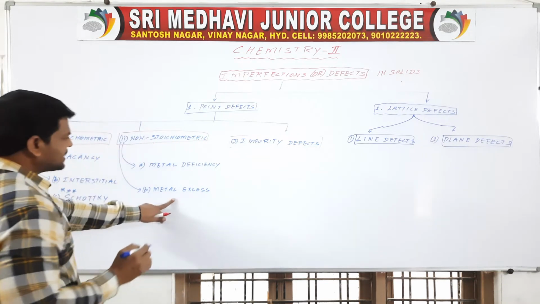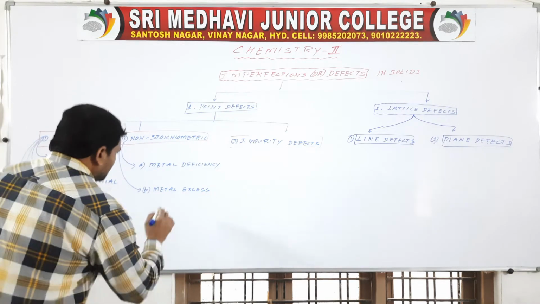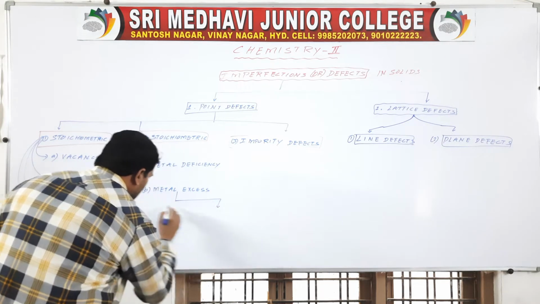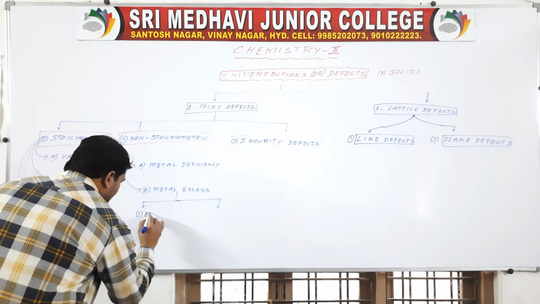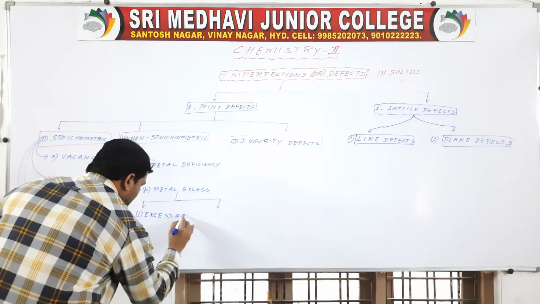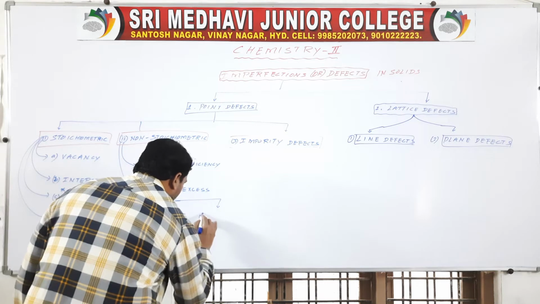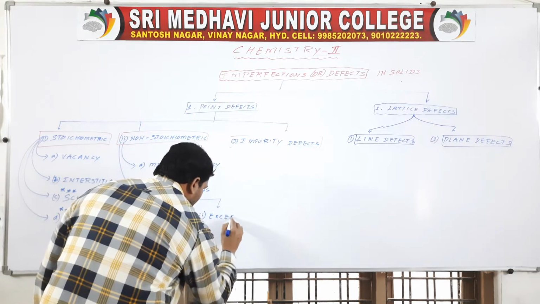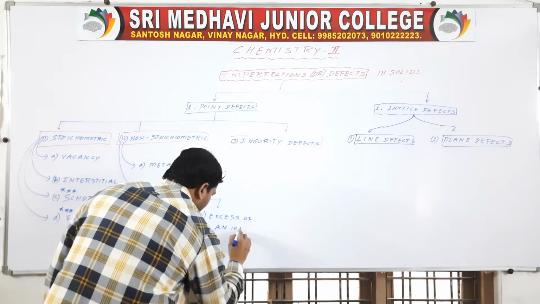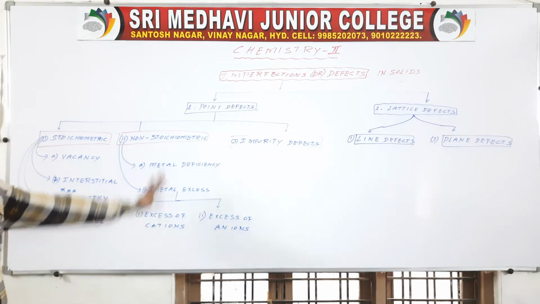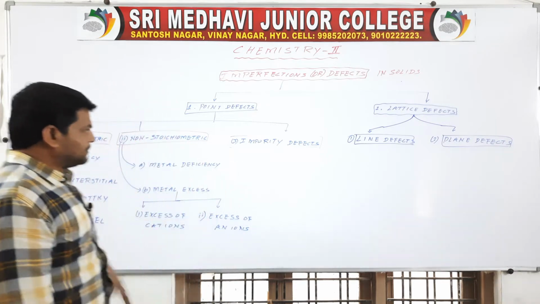It is a metal excess defect due to the presence of excess cations, and this one is excess of anions. Metal excess defects are of two types: excess of cations is one type, excess of anions is one type.